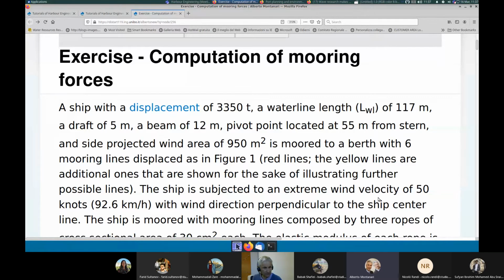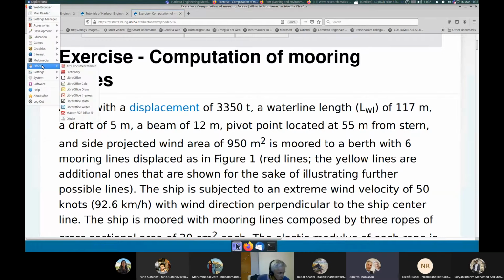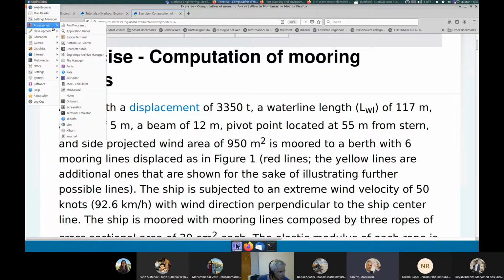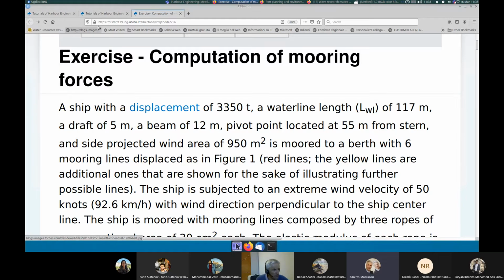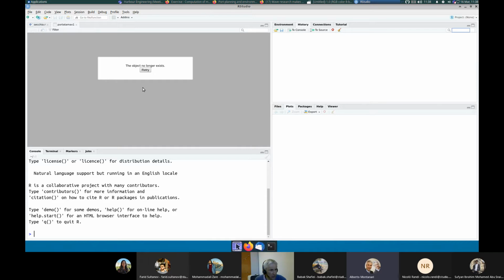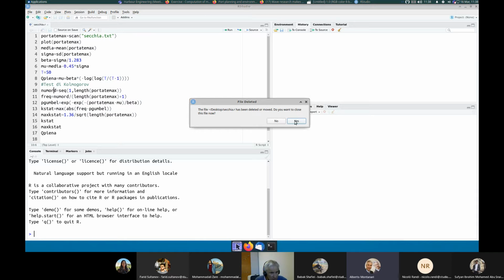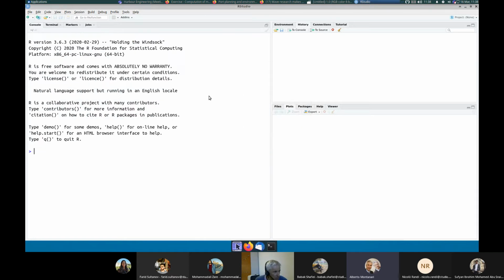Okay, so let's look at our exercise, and let's also launch an instance of RStudio. I hope I have, let me open, I hope I have it here, because otherwise I need to install it, but just 1 second. Okay, I have it. So I also launched just 1 second. I need to, because it is trying to open. Okay, very good. And yes, very good.